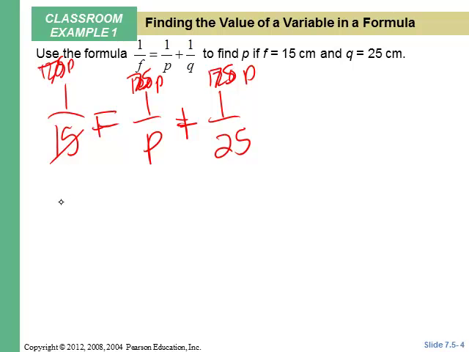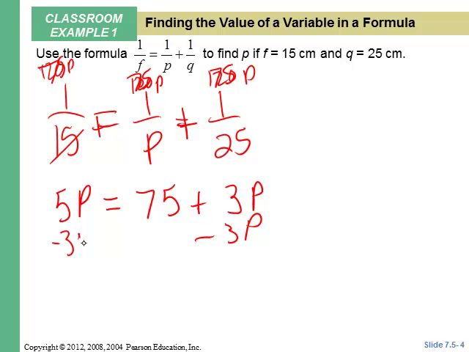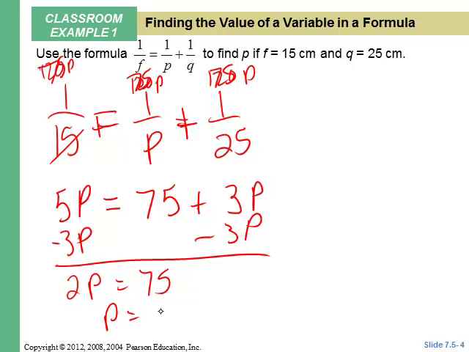Okay, 15 goes into 75 5 times, so we have 5p equals 75 plus 3p. Subtract 3p from both sides. We get 2p is 75, so p is 75 halves.